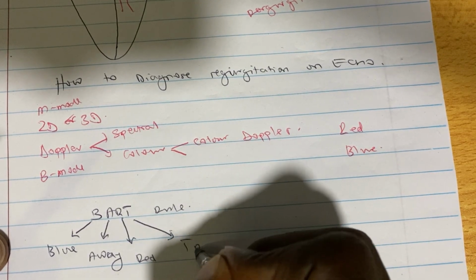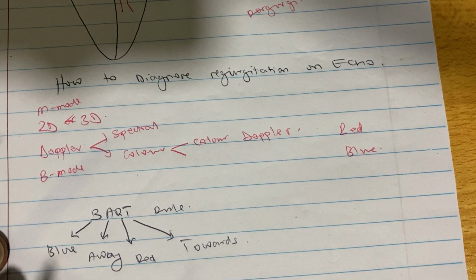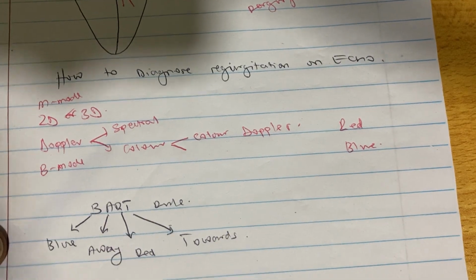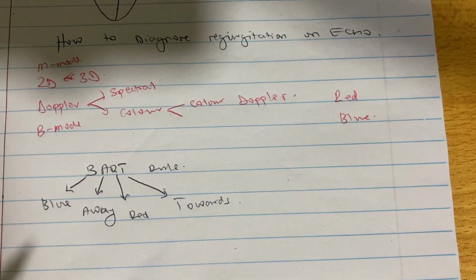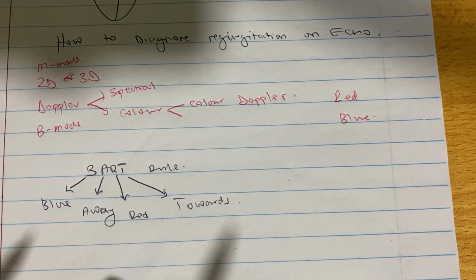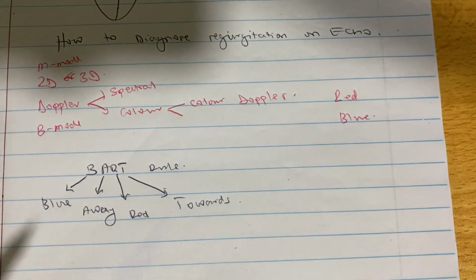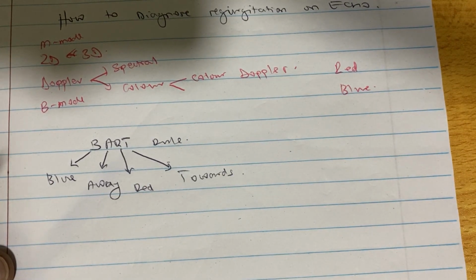And then this is towards. Blue away, red towards. That is how to get it, the BART rule. Most machines use this one. Anywhere you will find these two colors, blue away, red towards.